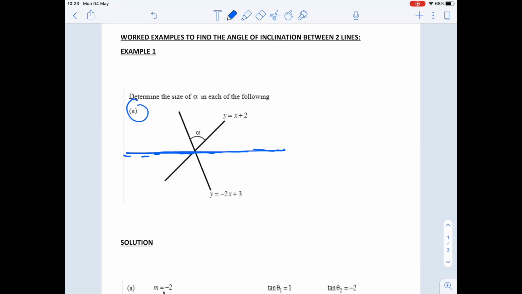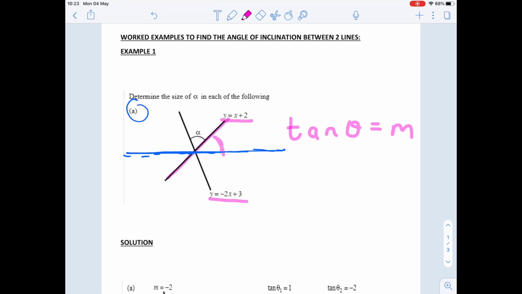And if we need to find alpha, which is sitting between those two lines, because we have the equation of that straight line and the equation of that straight line, we remember our formula, tan of theta equals m, which is the gradient. Because I have the equation of that line, I can find the gradient of that line and therefore also that angle of inclination.